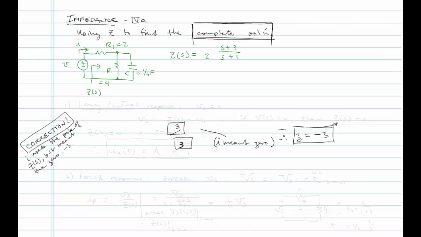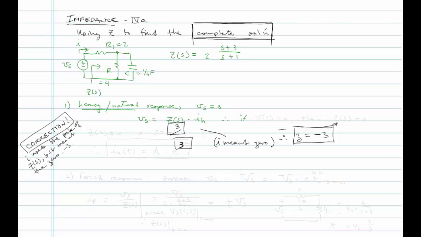Let's find the homogeneous or natural response, which we've already done. Let me just recap. Natural response is found by turning Vs off. We found that Vs is equal to Z times I. This will be our homogeneous solution here.